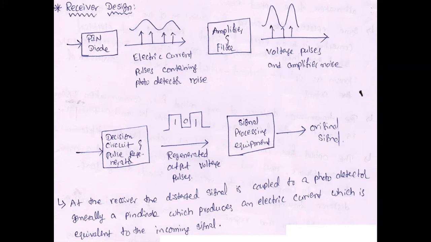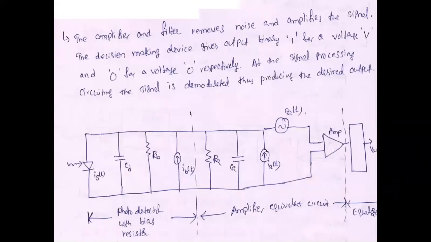One multiplier section is capital M times. Suppose I take M equal to 2. Multiplier is 2. Then the output of the avalanche photodiode is 2 volts. That is, the output of the avalanche photodiode is equal to multiplier M times the pin diode output. This is about receiver design.